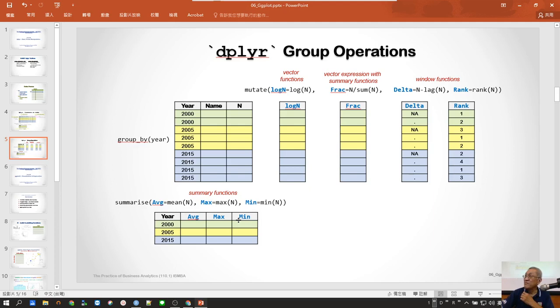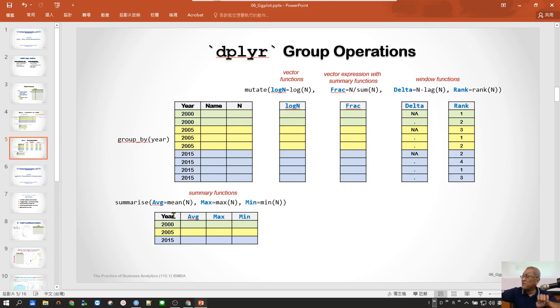If you do not have group by and you do summarize, the outcome would have only one row.